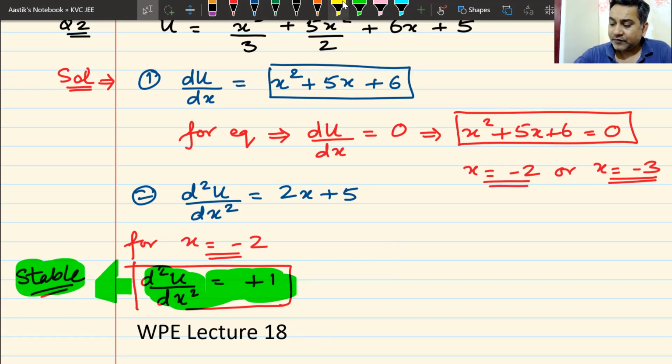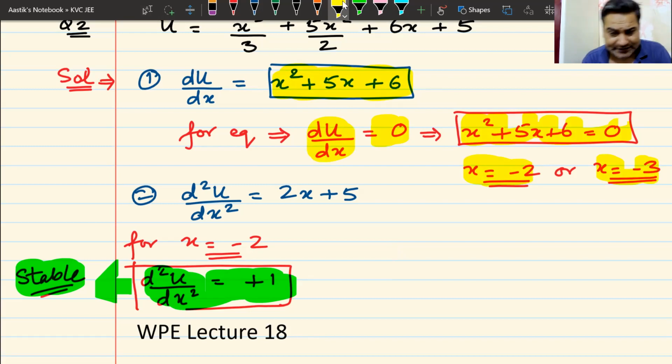Then, when you find du by dx, which is in yellow, in the question that we had done, you equate du by dx to 0. You solve the equation and you get your values for x, where du by dx is 0. In the question that we discussed in the last class, there were 2 points where du by dx was 0.